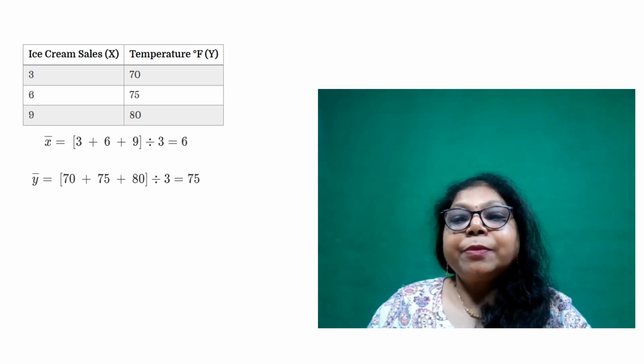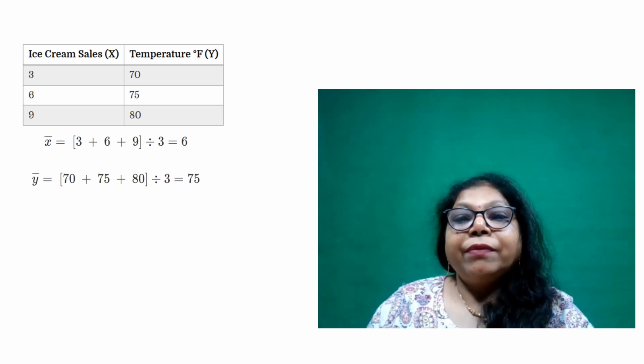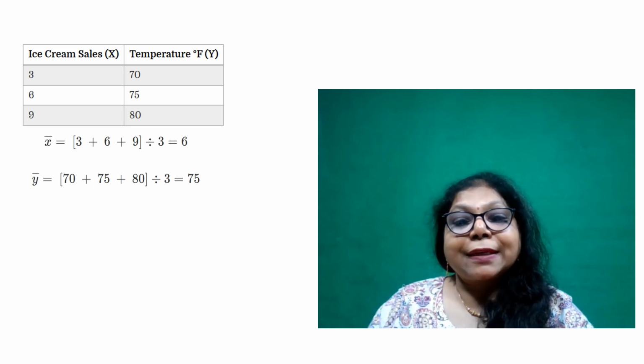So here x bar is equal to the values of the ice creams, that is 3 plus 6 plus 9, the total divided by 3. 9 plus 6 is 15, 15 plus 3 is 18, and 18 divided by 3 is 6. Similarly, we can do it for y.